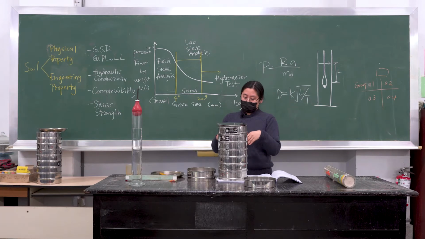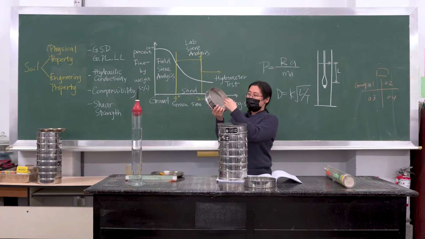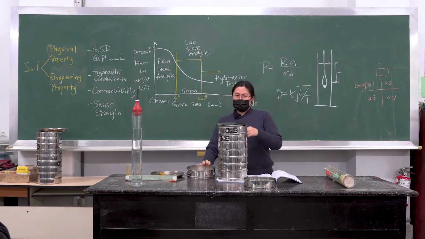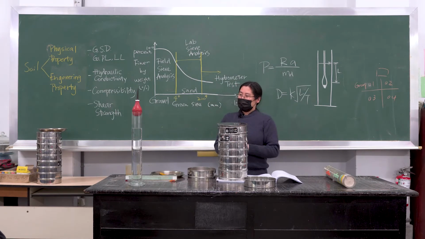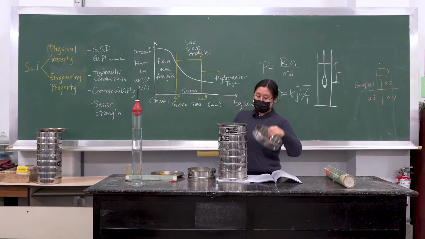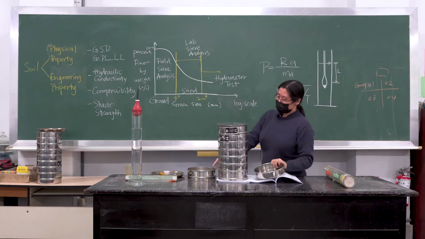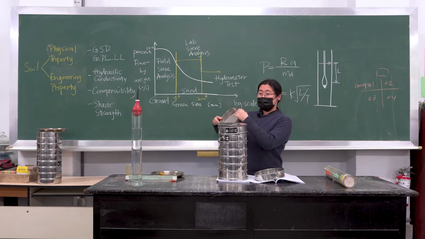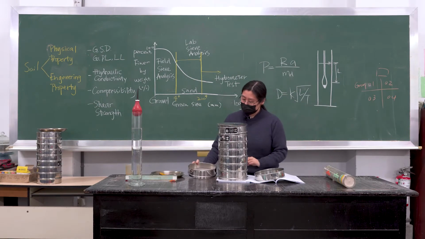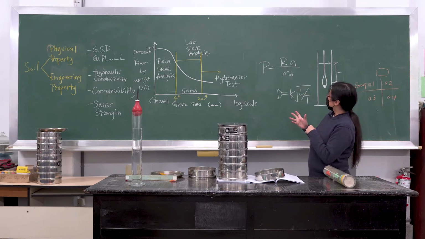It is because if we shake it through a finer sieve, there may be some dust particles that will vanish, meaning that some particles may be lost during the shaking process. So we will need to use the hydrometer test instead of shaking the particles through a finer sieve. So that's how we are going to proceed with the finer particles.